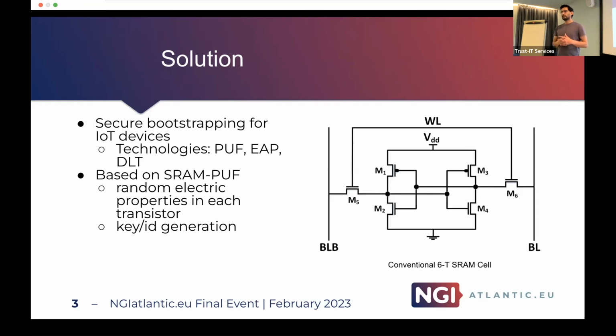So in the SRAM-based proof of concept, we collect these 0, 1 bits for each SRAM of a device, and with those values we generate a unique ID. Later on, this unique ID can be used to generate multiple keys, which can be used for securing the communication. This was the solution.